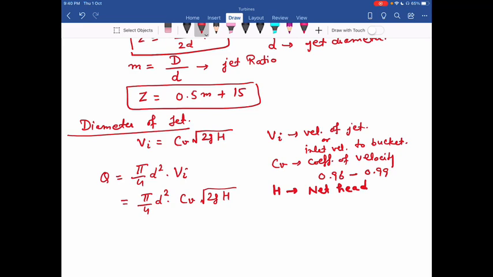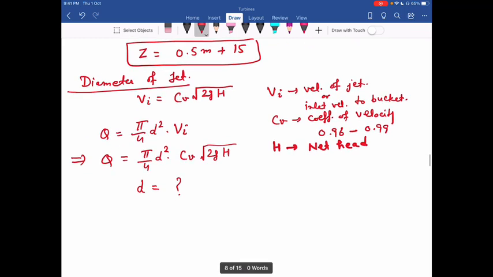So this is equal to the discharge Q. If you have the value of discharge and the value of H, we can calculate d, that is the diameter of the jet. So with this, you can calculate the diameter of the jet.